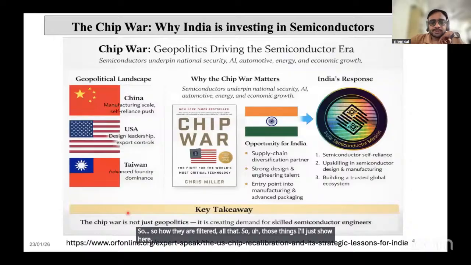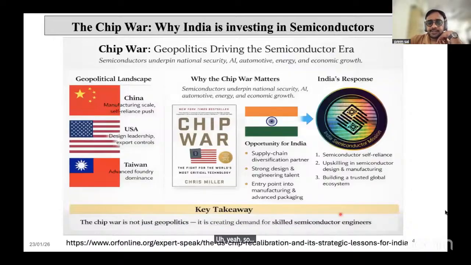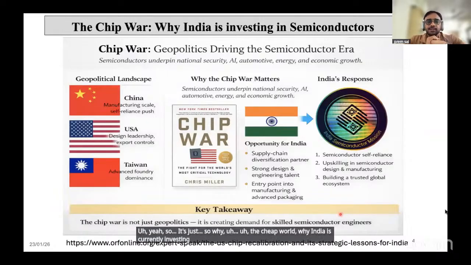So why the chip war, why is India currently investing in semiconductors? As we all know, there is this trade war between China and USA.